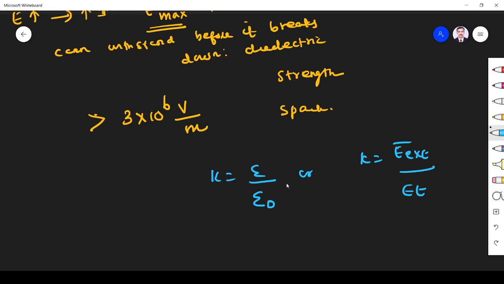This is a ratio of two same quantities, permittivity of a substance to the permittivity of free space, or external electric field to the total electric field. Since both are the same quantities, the units cancel. So kappa, or the dielectric constant, is unitless, whereas the dielectric strength has a unit of volt per meter.